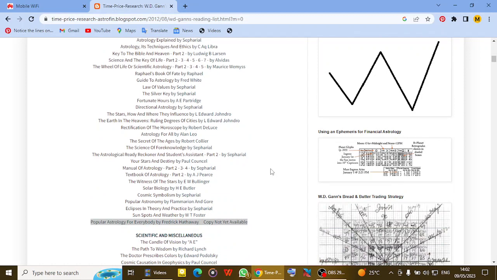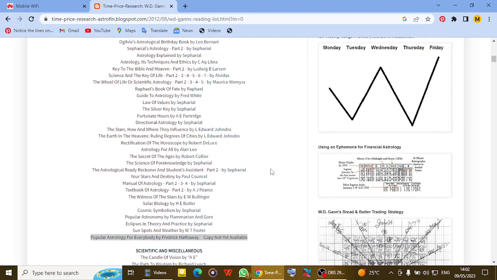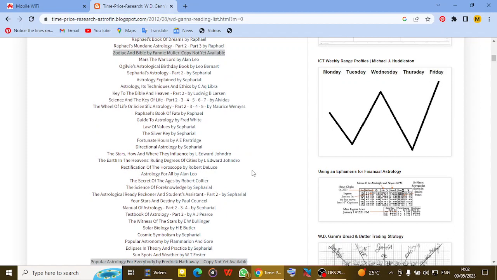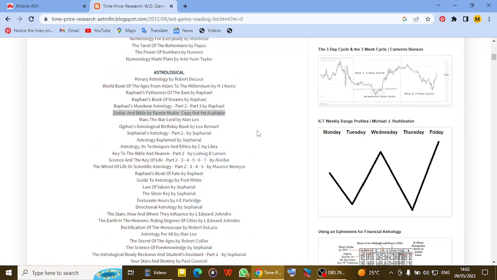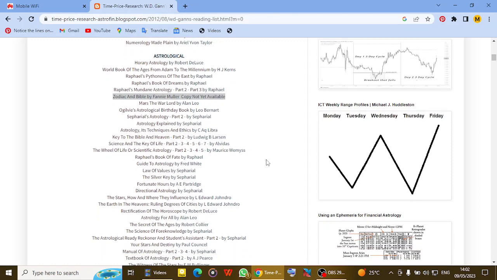Even the one by Fred White, The Guide to Astrology, is also a good book in that area. He gave a very general overview of mundane affairs and just a bit of horary astrology.